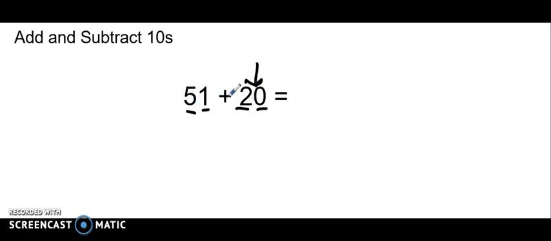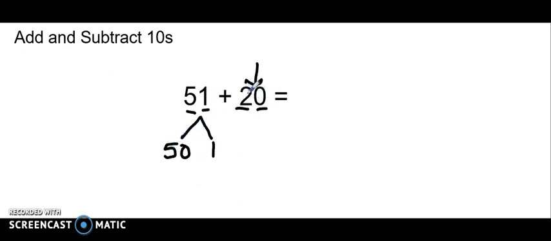So, we're going to take this number that has 2 digits without a 0 in it, and we're going to break this number up into tens and ones like we did before. So I have 5 tens, which is a 50, and 1 one, which is a 1. Now, we're simply going to add our tens together.